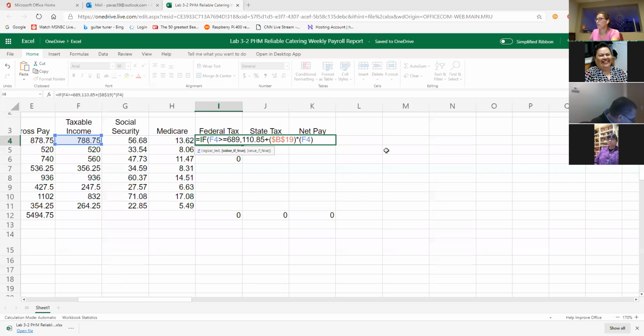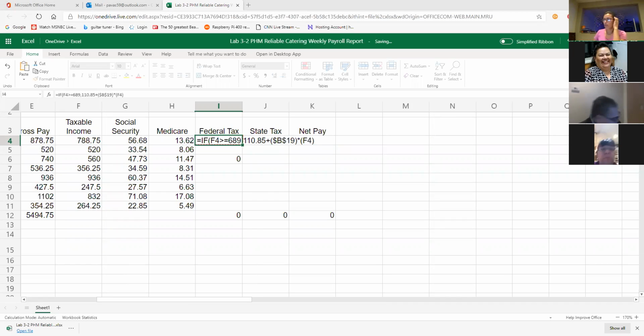Let me see. Okay, so it's missing a parenthesis. No, there it is. If parenthesis. It's because it doesn't show how to do it.